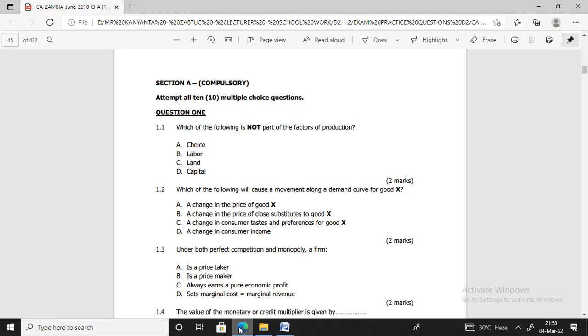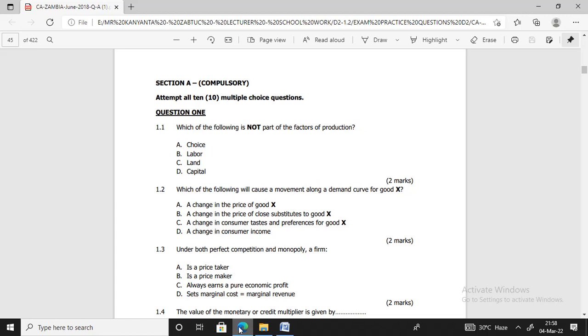1.2, which of the following will cause a movement along a demand curve for a good? The factor that influences demand that results in a movement along the demand curve is the change in the price of a good. Only the change in the price of a good causes movements along the demand curve.